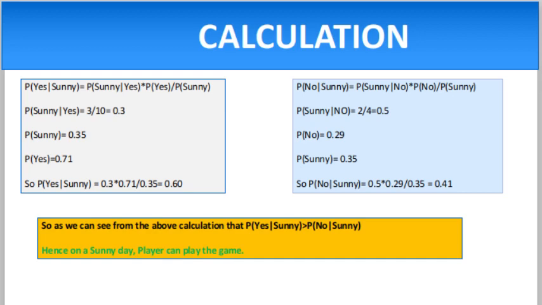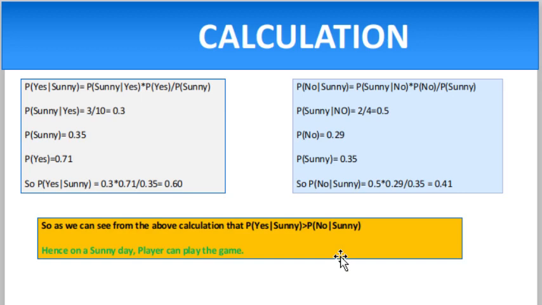Then P(No|Sunny), the answer is 0.41. So for Yes 0.60 and for No 0.41 after the calculation. As we can see from the calculation, P(Yes|Sunny) is greater than P(No|Sunny), so that means on a sunny day the player can play the game.